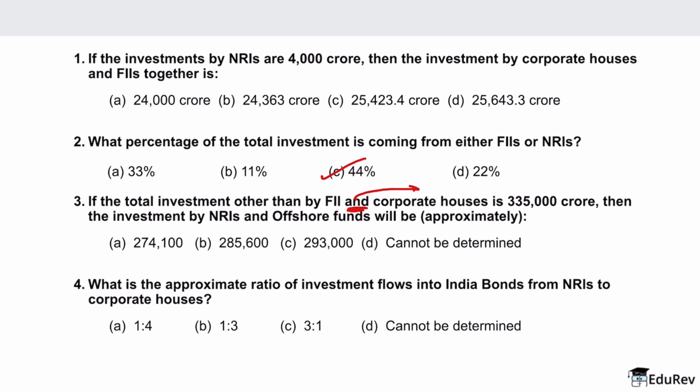Here it was 24363. Yes. So whenever I say and, it's nothing but intersection. It's intersection, correct? So now if the total investment other than by FII, it's not FFI, it's FII, I'm so sorry, and corporate houses is this, then the investment by NRIs and offshore funds will be approximately how much?